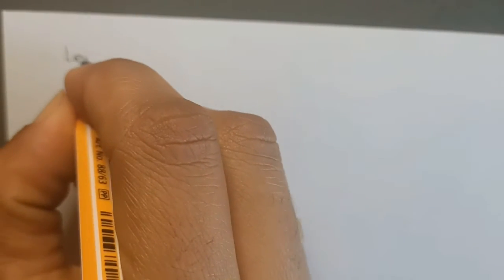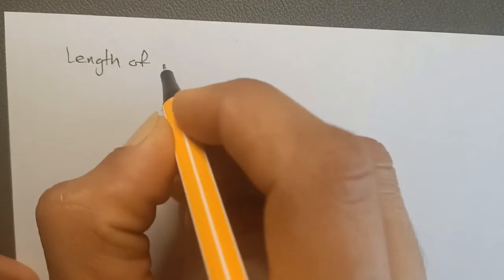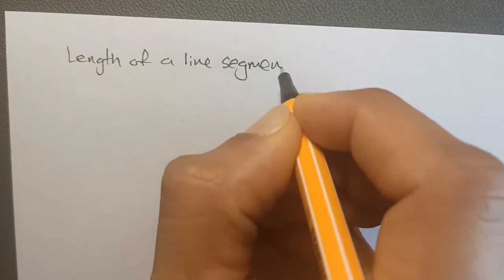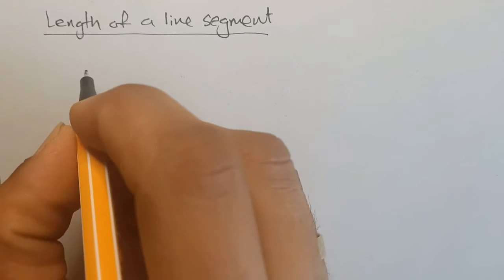Alright, so today we want to cover how to calculate the length of a line segment. When you want to find the length of a line segment, you can use a simple formula.